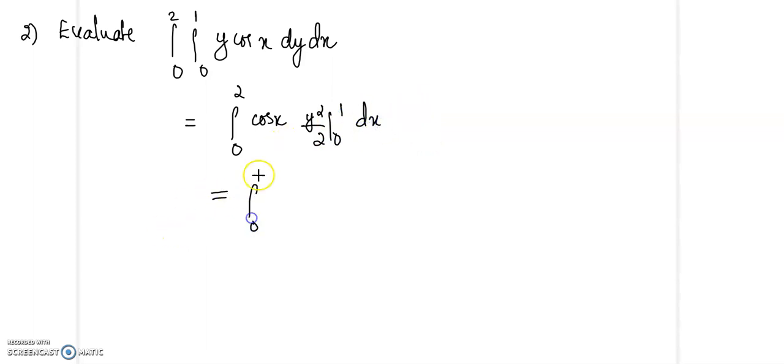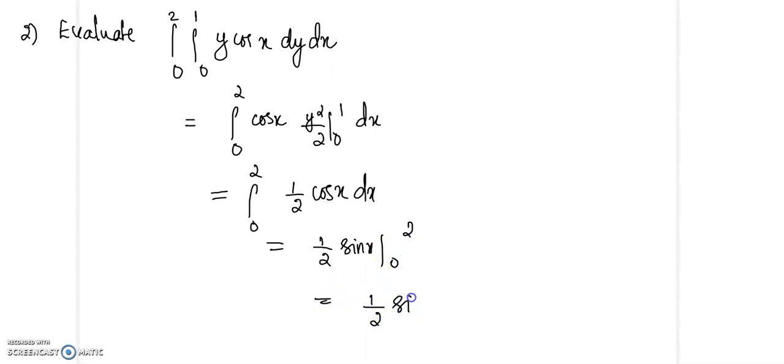So that is the integral from 0 to 2 of 1 by 2 cos x dx. The integral of cos x is sin x. So we'll get 1 by 2 sin x from 0 to 2. So that is 1 by 2 sin 2, the required value of the integral.